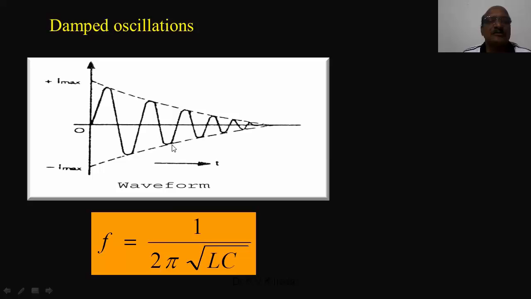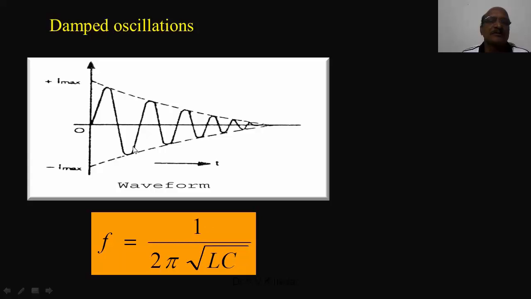The frequency of these oscillations is given by f equals 1 upon 2 pi root LC, where L is the value of self-inductance measured in Henry, and C is the value of capacity of the condenser measured in Farad.